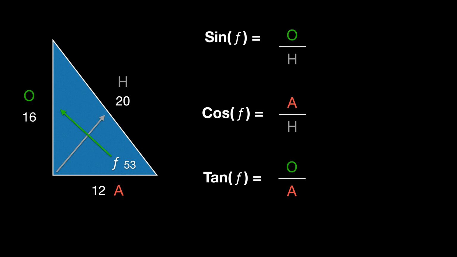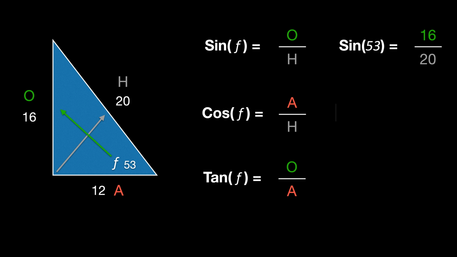Now that we have our sides, we can plug them in and find each ratio of this triangle. Let's start with sine. We know the angle of focus is 53, so that goes inside the parentheses. We're going to have the sine of 53 equals, and now we plug in O. We know O is 16, and we know H is the bottom side, so we plug in 20. For cosine, 53 also goes in the parentheses, and we have A over H, so A is 12 and H is 20.